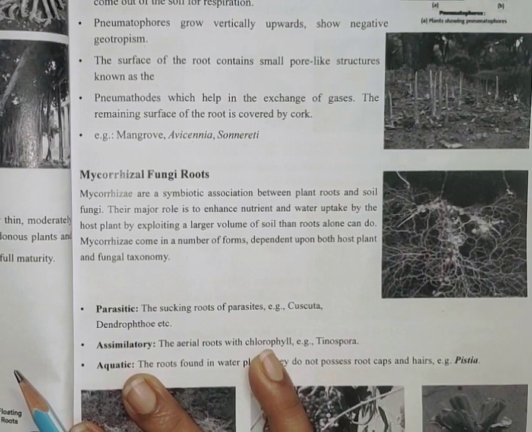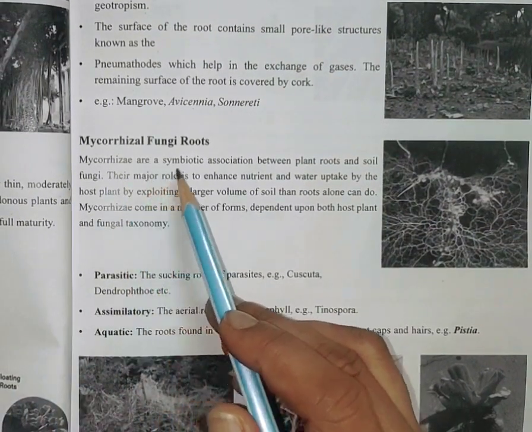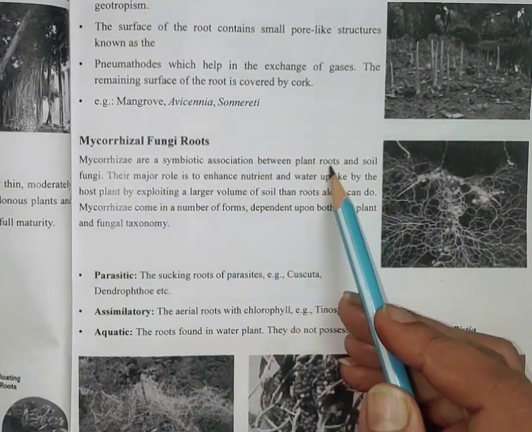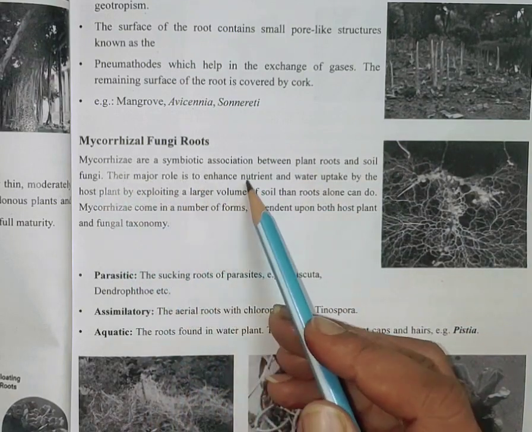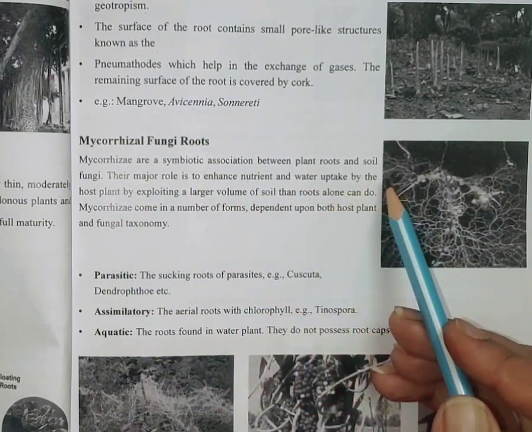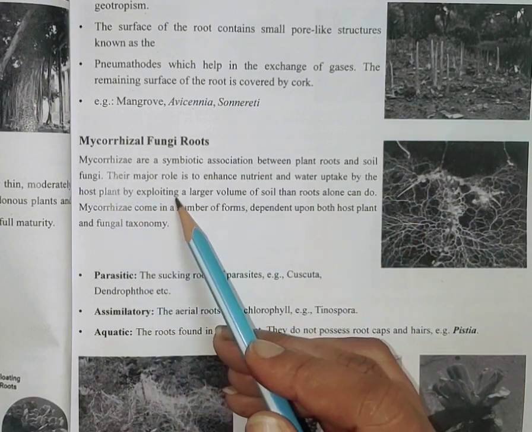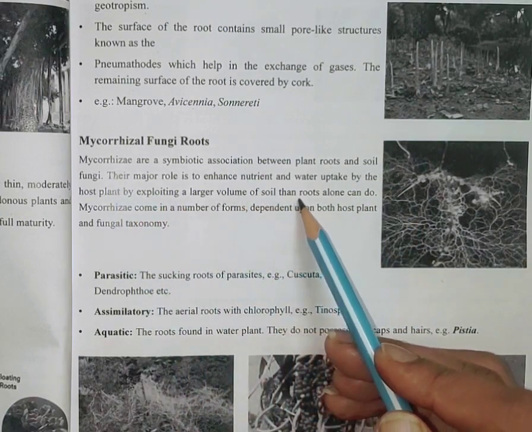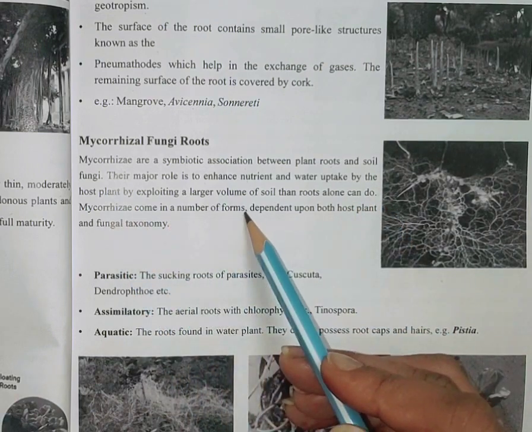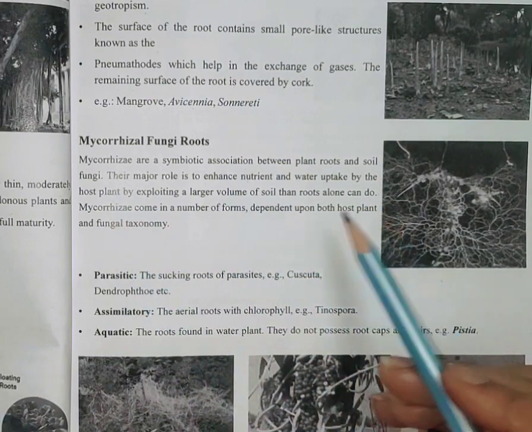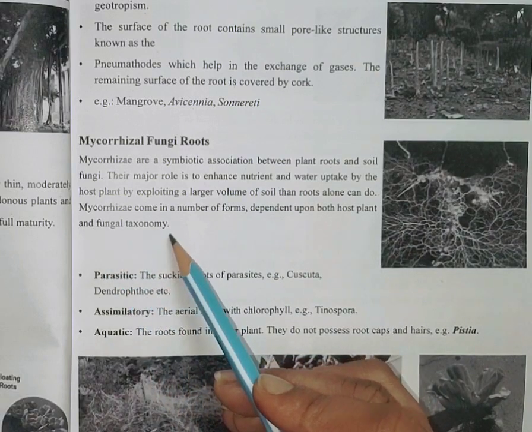Mycorrhizal fungi root. Mycorrhizae are a symbiotic association between plant roots and soil fungi. Their major role is to enhance nutrient and water uptake by the host plant by exploiting a larger volume of soil than roots alone can do. Mycorrhizae come in a number of forms, depending upon both host plant and fungal taxonomy.